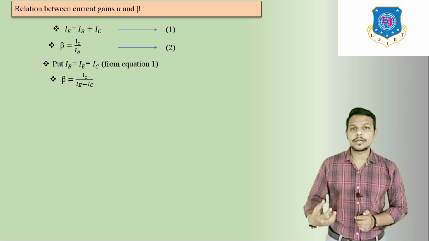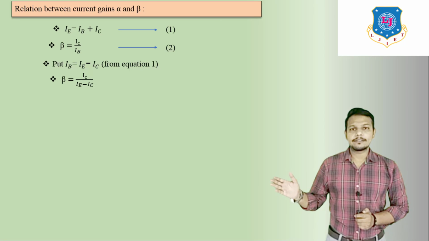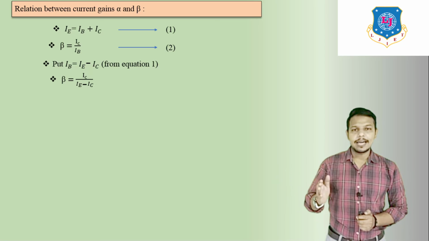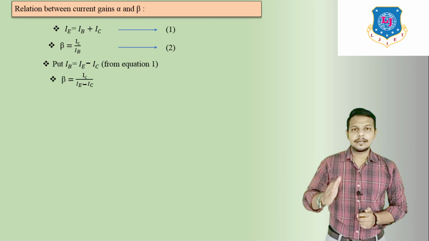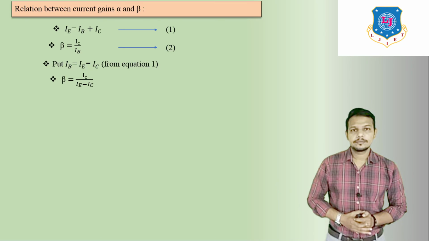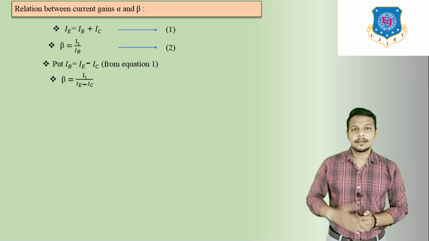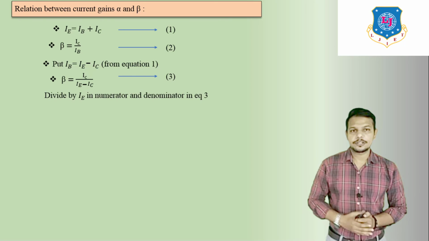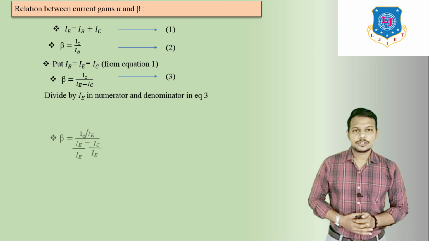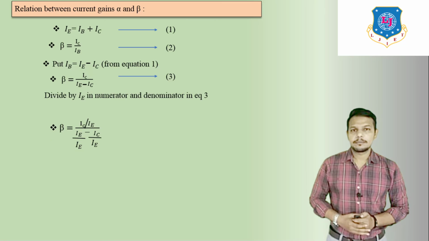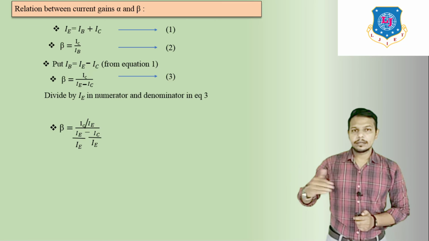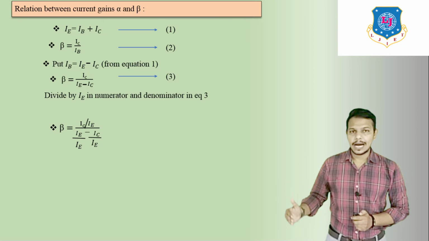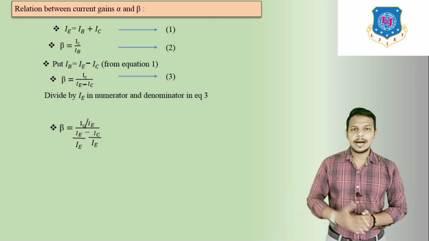Now we have to prove the alpha and beta relationship. Beta is already the subject, but we have to bring alpha to the left hand side. So we divide by IE in numerator and denominator in equation number 3. So beta is equal to IC upon IE divided by IE upon IE minus IC upon IE.